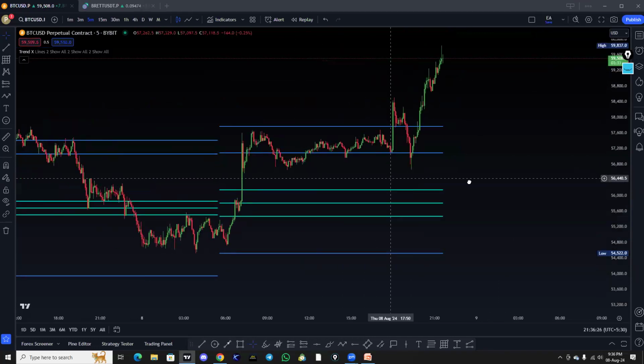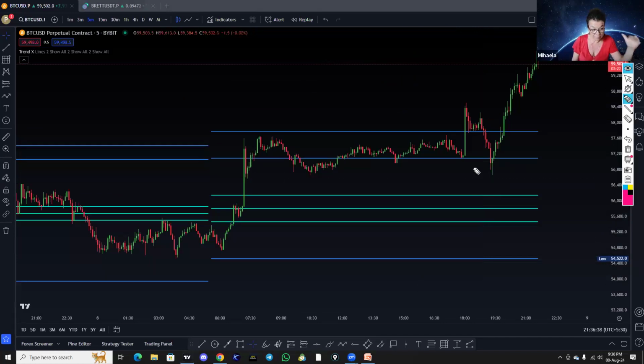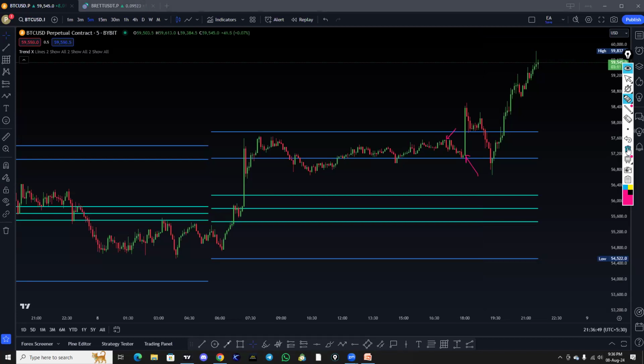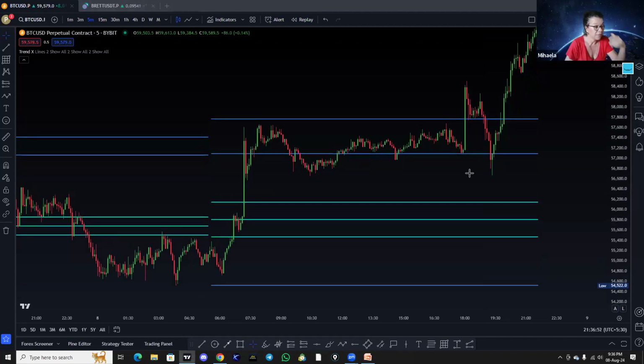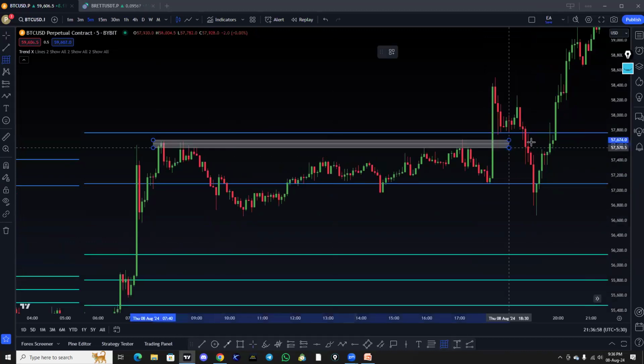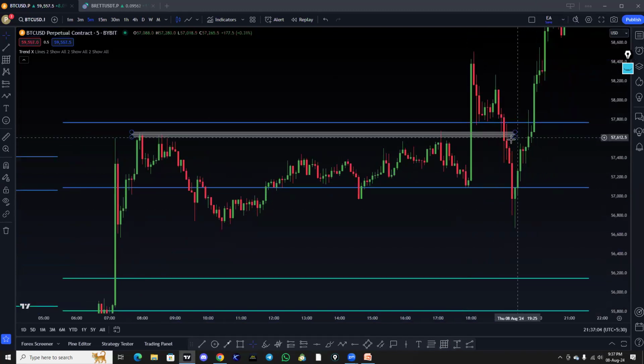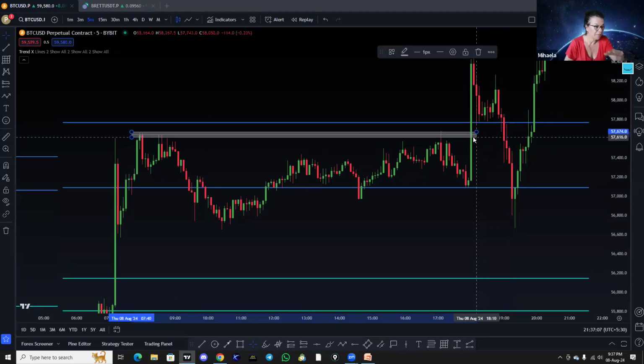Then that big green candle came and stopped me. I had stop loss above. I took the short on that red wick because I thought it's in that zone. Maybe you mark the zone, right? Yes, I marked the zone and took that short, and I was stopped.